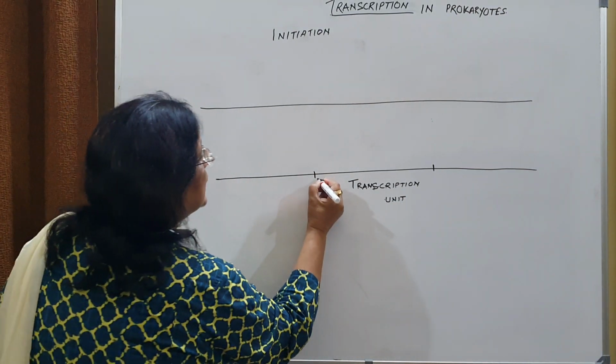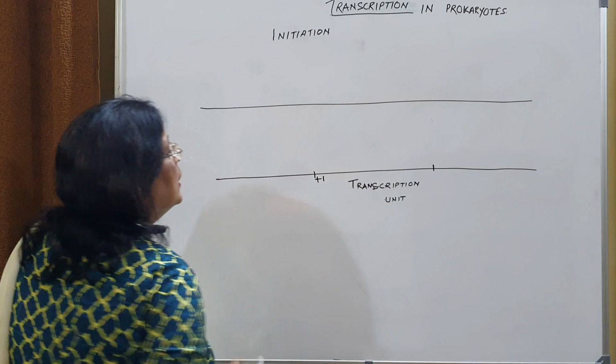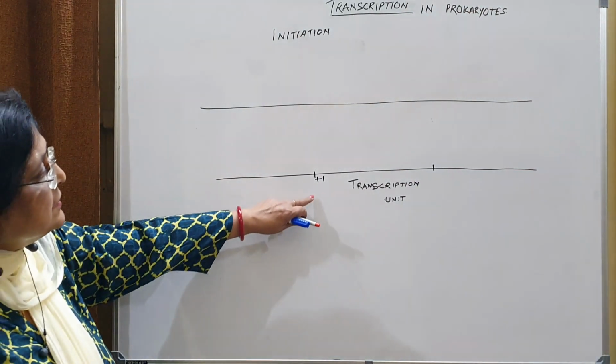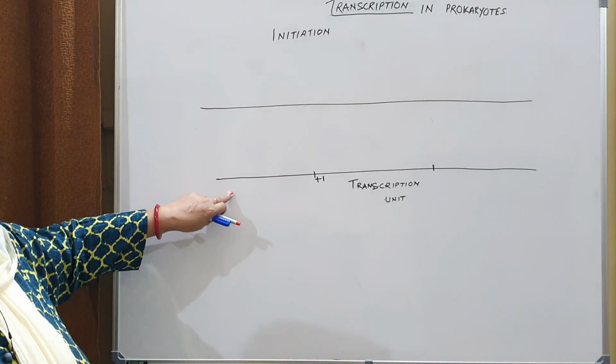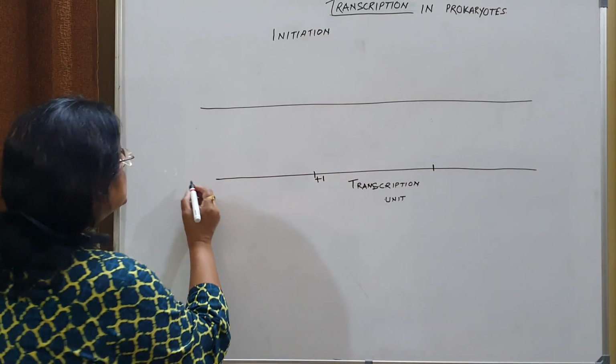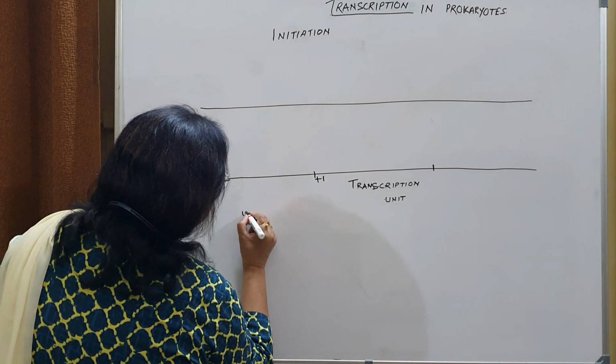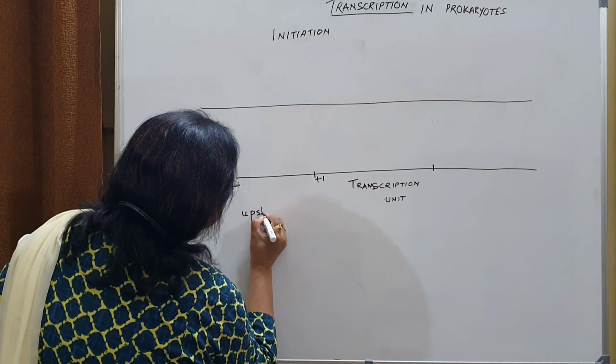Now this is the +1 position from where the transcription starts. Just opposite to the plus side is the negative side, and that is known as upstream.